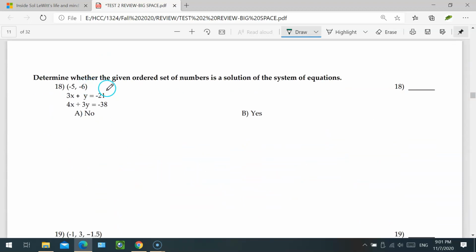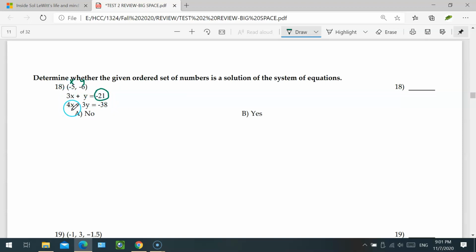Number 18, determine whether the given ordered set of numbers is a solution of the system of equations. This question is very easy. You just plug the x value and the y value into equation 1. As long as you get negative 21 on the right hand side, that would be a solution of the equation.